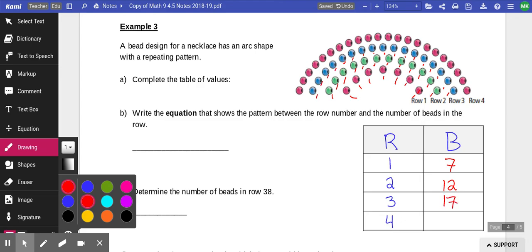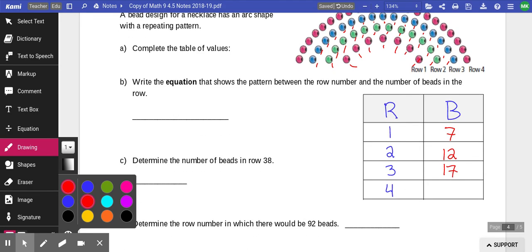And I can figure out the pattern now. The pattern is that it's going up by plus 5. Now that we know the pattern or the relationship between these two variables, we can create an equation.